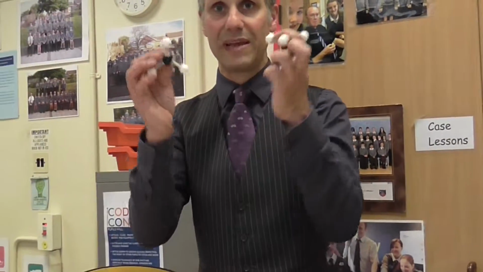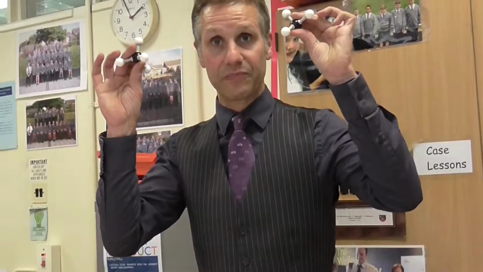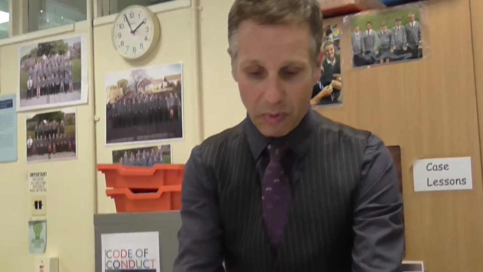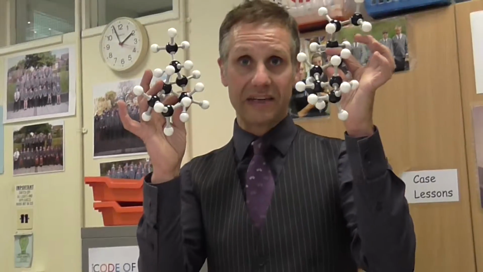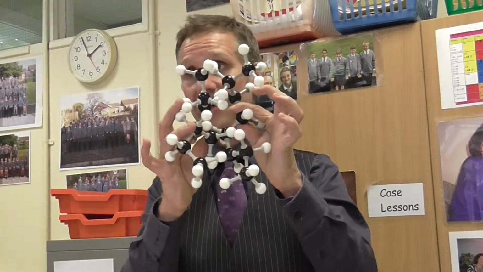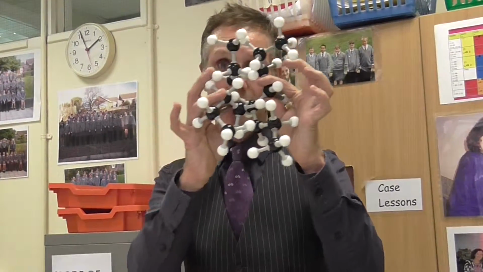The boiling point of methane is well below zero, so methane is a gas at room temperature. The boiling point of petrol is about 70 degrees Celsius. So it's a liquid at room temperature, as you should know. And that means at 70 degrees there'll be enough energy to make these separate out and turn them into a gas. So we're going to try and do that now. I'm going to heat this mixture.